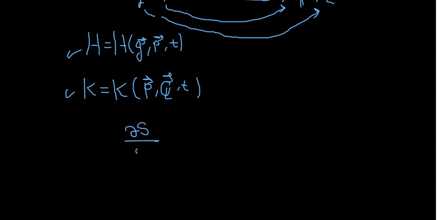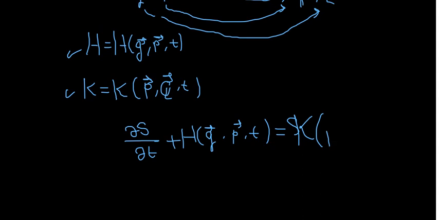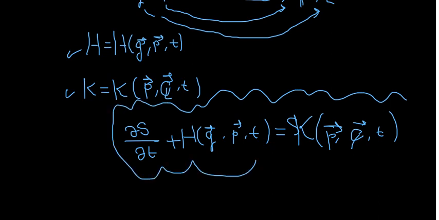Partial S partial t, the derivative of the generating function with respect to time, plus H as a function of all the canonical variables, q, p, and t, is all equal to K as a function of capital P, capital Q, and t, right? So that's actually the equation I wanted to tell you about from the very beginning, and that's the one which is gonna make an easy derivation of the Hamilton-Jacobi equation, and that's what we're gonna do in the coming video. Thanks for watching.